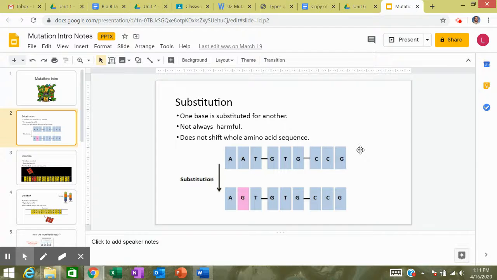It only affects that one A that turns into a G. This GTG over here is still the same GTG that's down here, and the CCG right here is the same CCG right there. Meaning it's only affecting one base of the codon, not the other two. That is substitution: just substituting one base for another one.